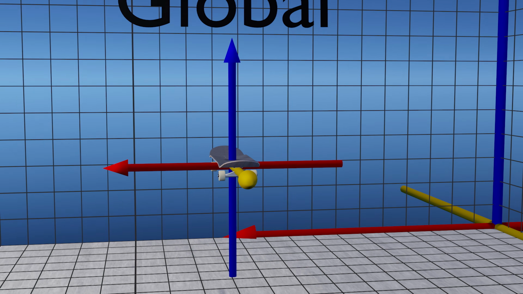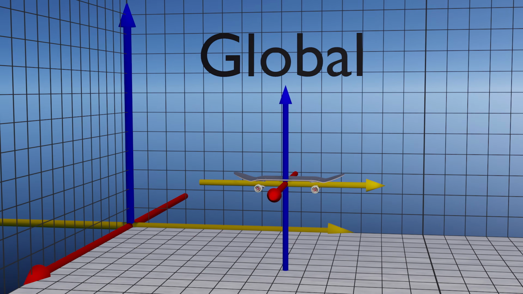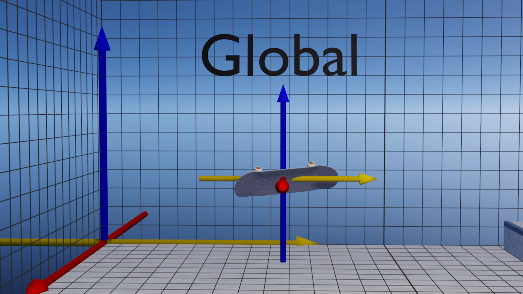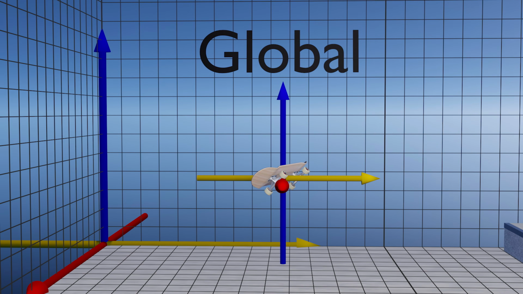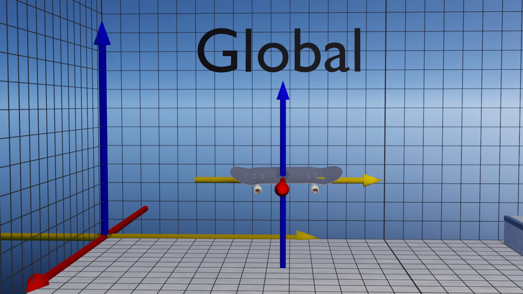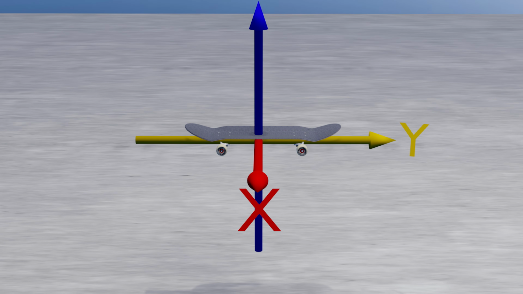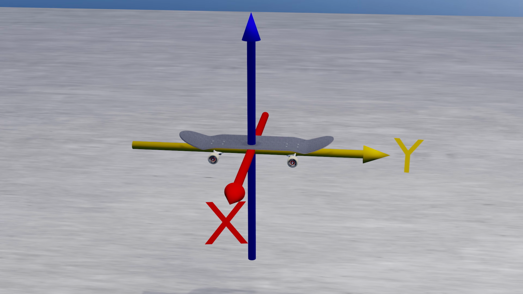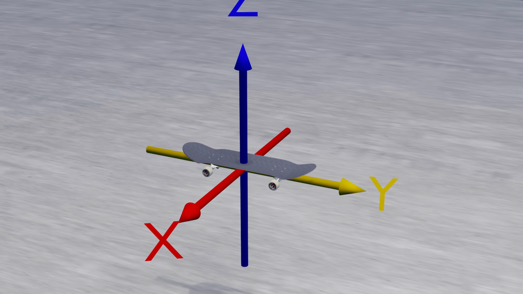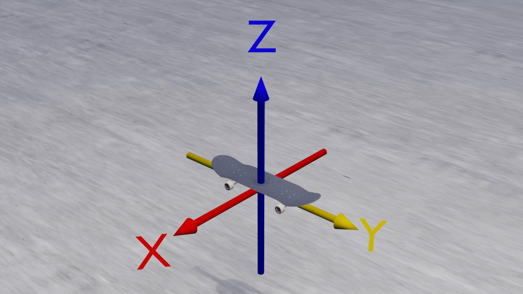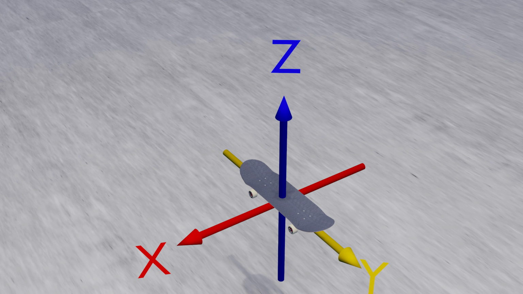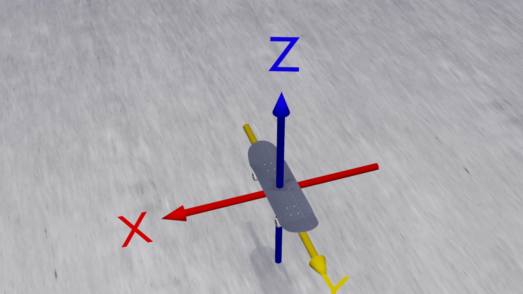The global axis is the axis that this space has, and it applies equally to all objects. In this example, we'll call the axis that connects the toe side and the heel side, in red, the x-axis. The axis parallel to the direction of travel, in yellow, the y-axis. And the vertical axis, in blue, the z-axis.